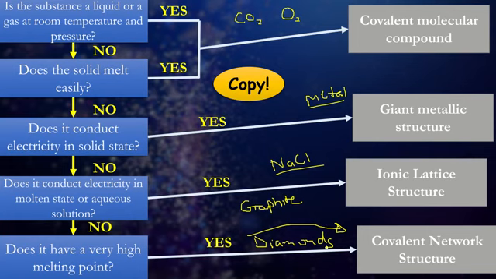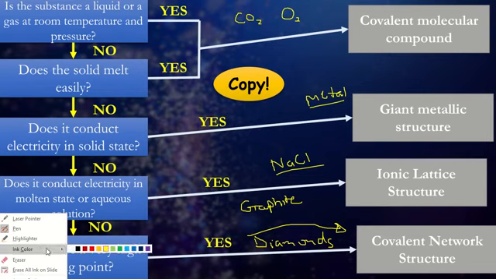Graphite is 3 carbons bonded together, whereas diamond is 4 carbons bonded together. So that's kind of the difference between those two there.